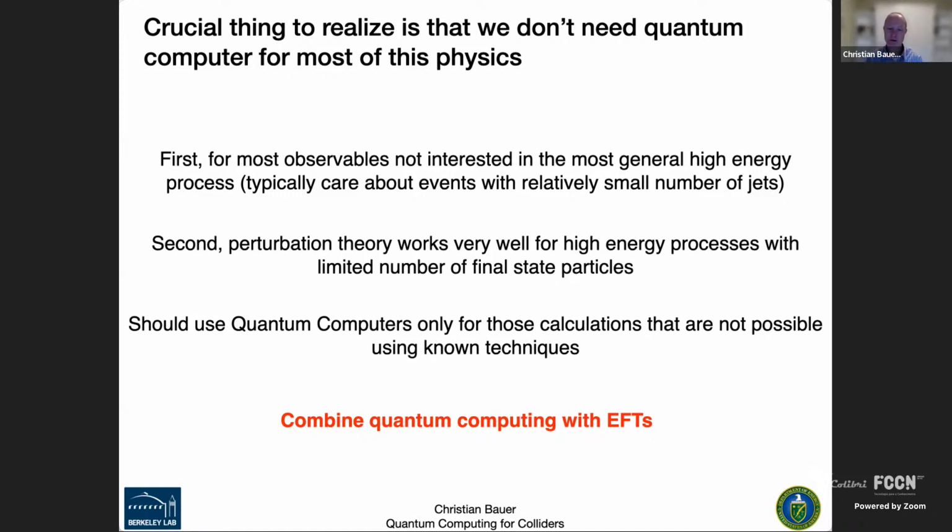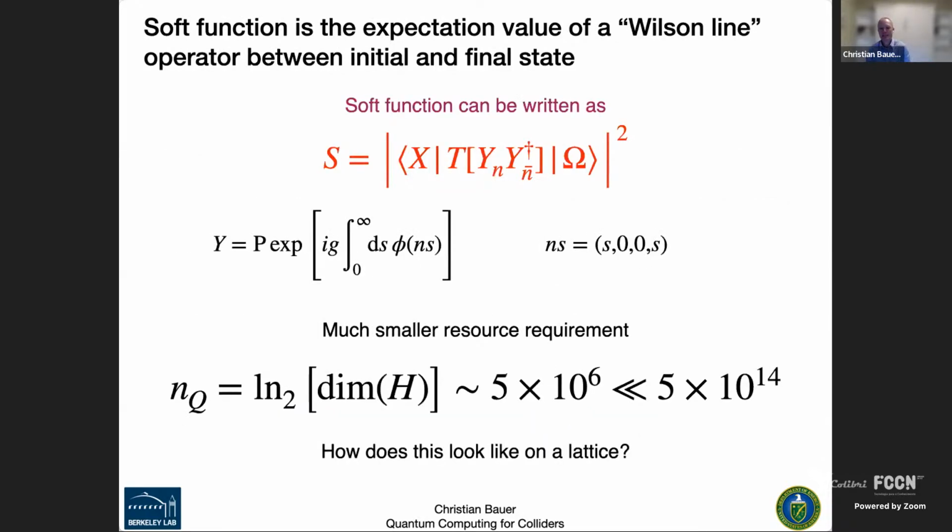We need to find something where the quantum computer really has a true advantage over the classical one, ideally an exponential advantage. So what I'm going to argue here is that we want to combine quantum computing with effective field theories. And this is essentially what we set out in this PRL that I mentioned.